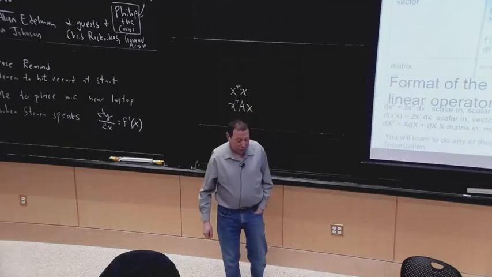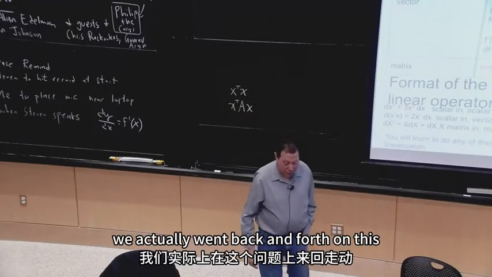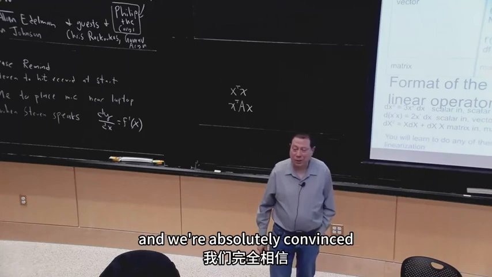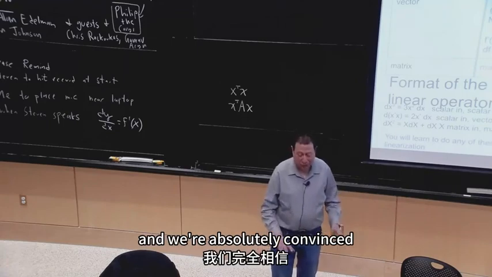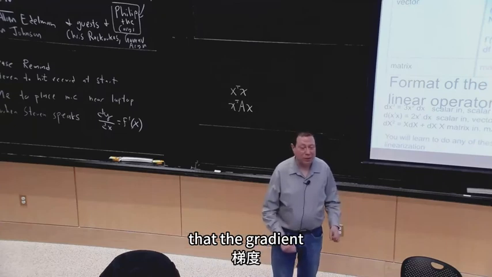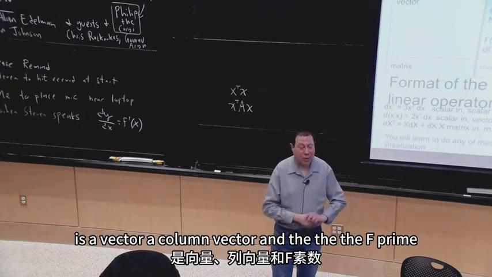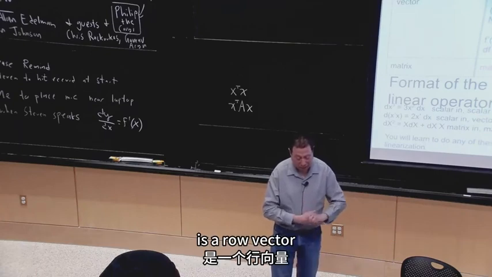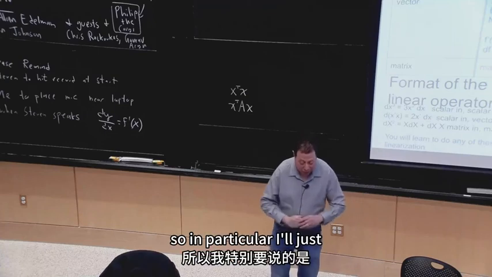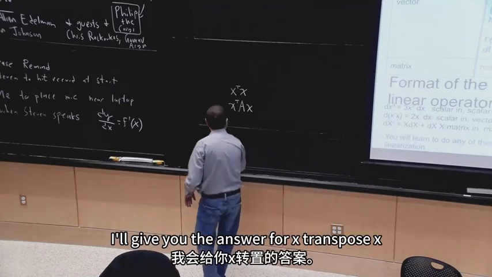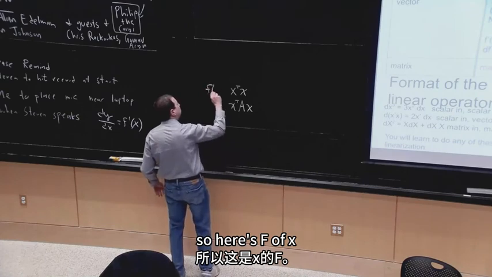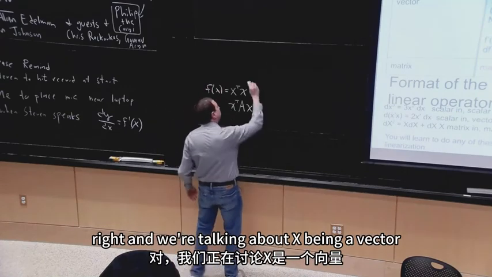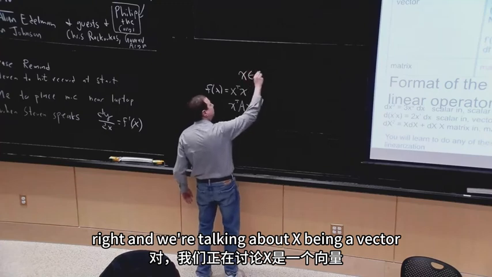And Steven and I actually went back and forth on this a couple years ago, and we're absolutely convinced that this is the best way to do it, that the gradient is a vector or column vector, and the f prime is a row vector. So in particular, I'll give you the answer for x transpose x. So here's f of x, right? And we're talking about x being a vector, right?